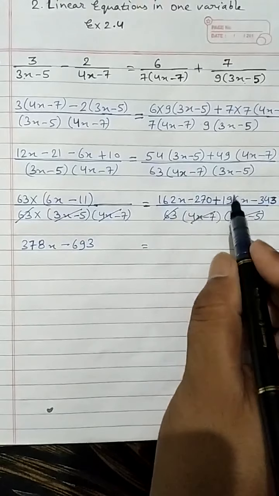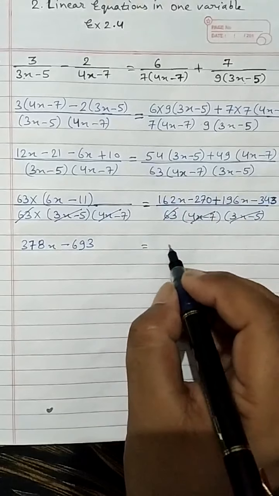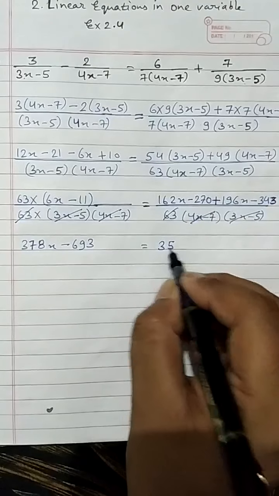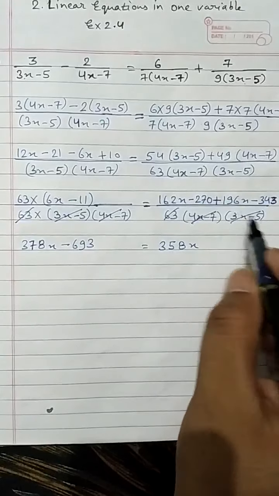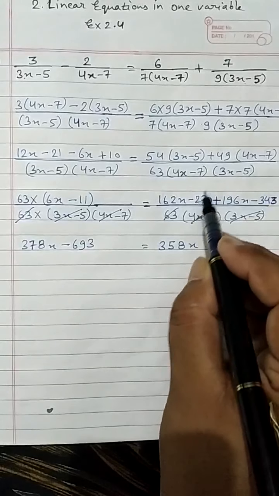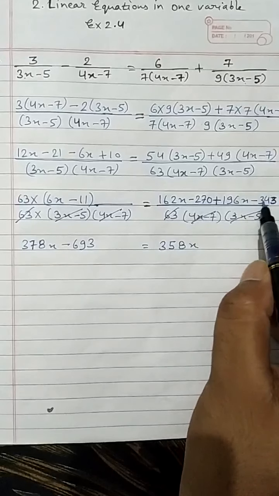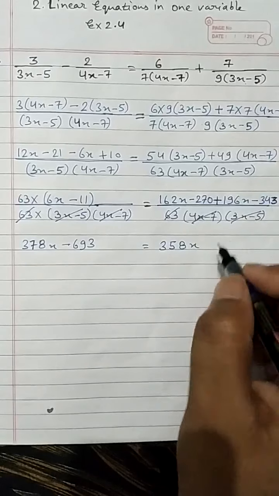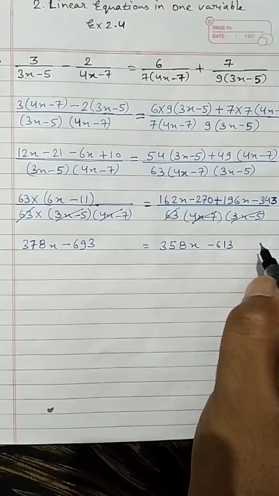On adding these two x terms we get 358x. And on adding these two negative constants, minus 270 and minus 343, we get minus 613.